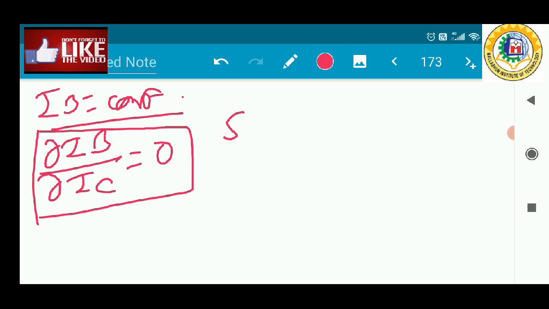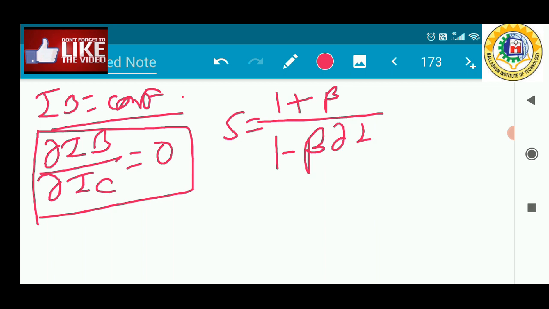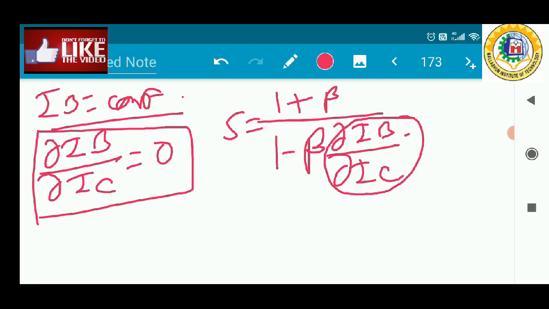Now in the stability factor equation we derived in the previous case, S equals 1 plus beta over 1 minus beta del IB by del IC. This term is 0, so your stability factor is 1 plus beta.